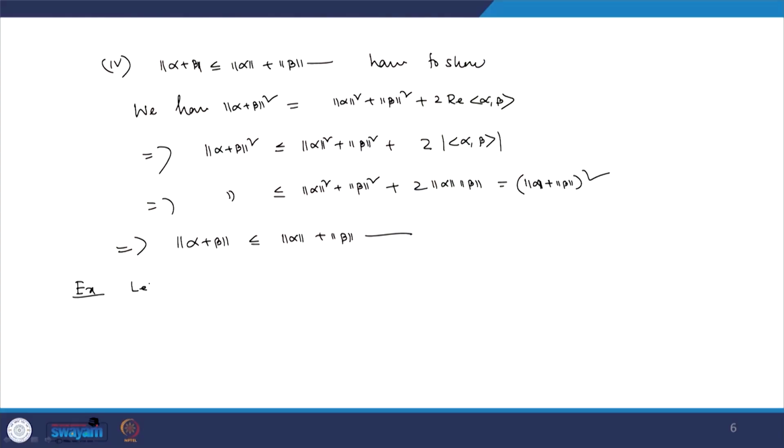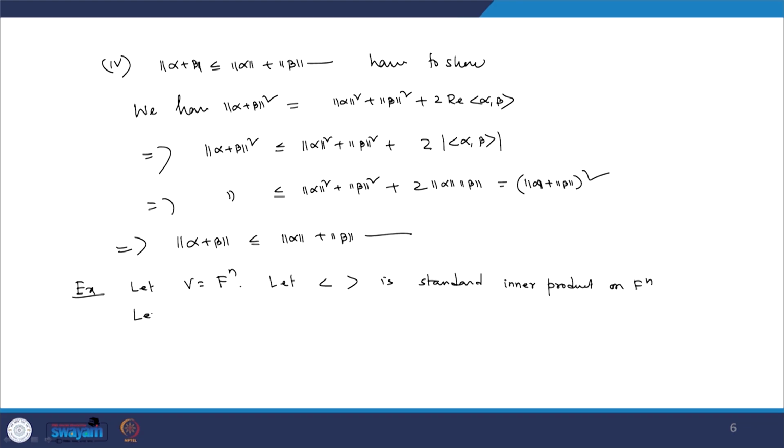Let V be, say, Fn, the space of n-tuples. Here the field is the real numbers or the complex numbers. Let the inner product be the standard inner product on Fn.